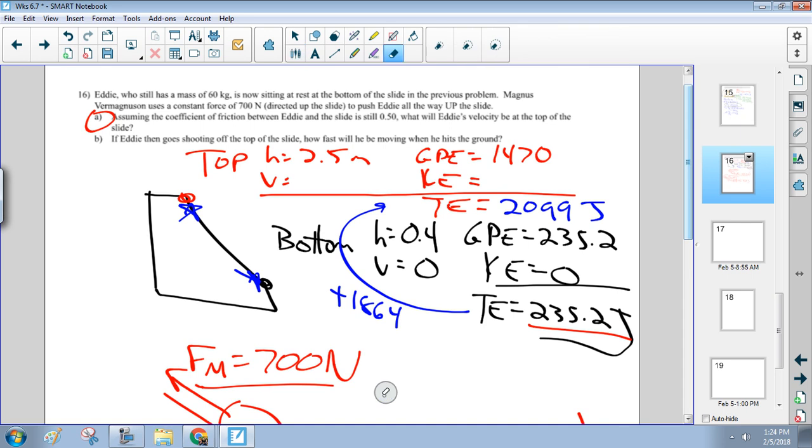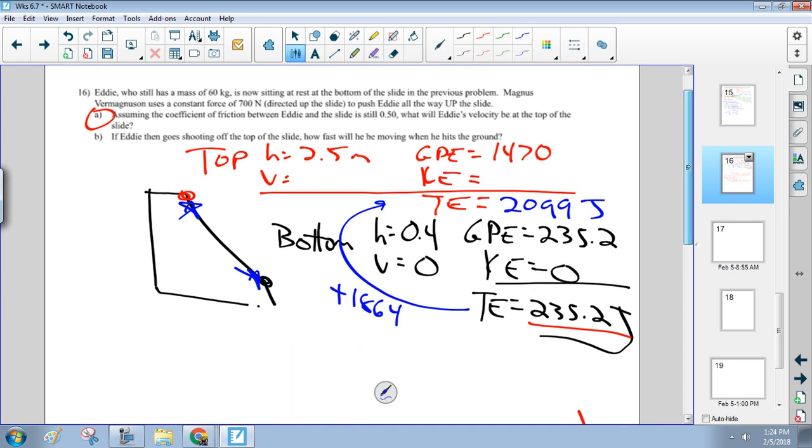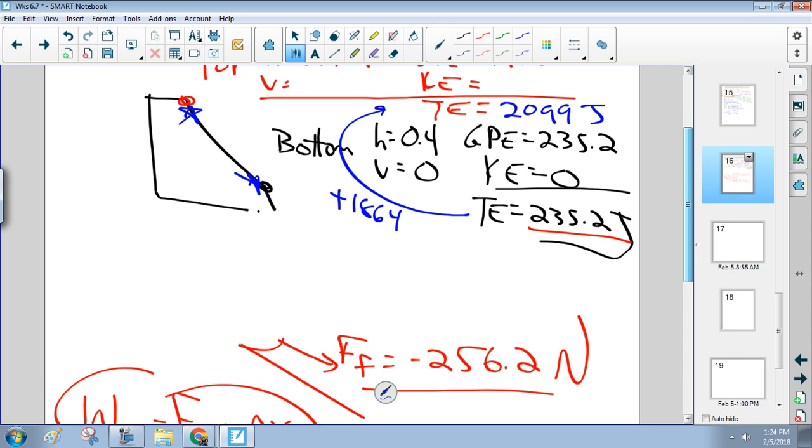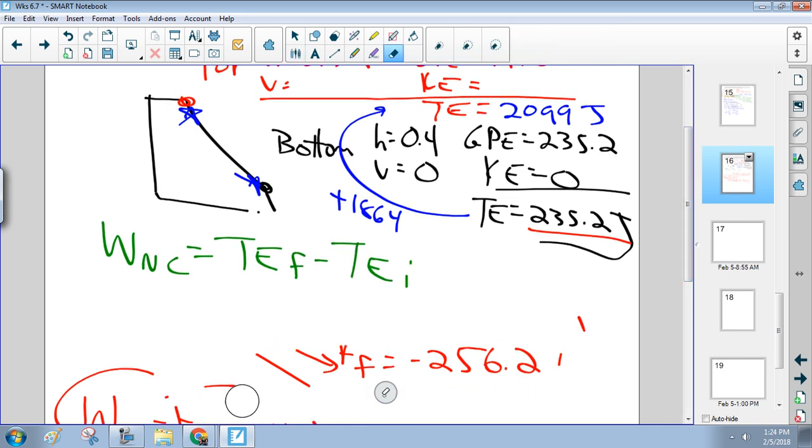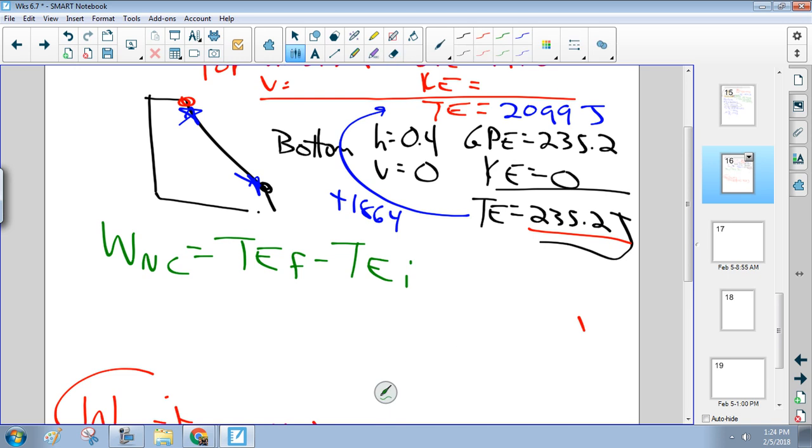I guess maybe the safe way for you to think about it, Weston, because sometimes you get yourself a little bit tangled, is it's just this. God, this board is such a mess today. So look, we just found the work of non-conservative forces, right? It was, what did I say, 1863 or 1864?